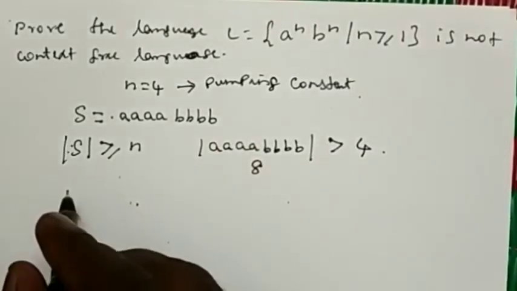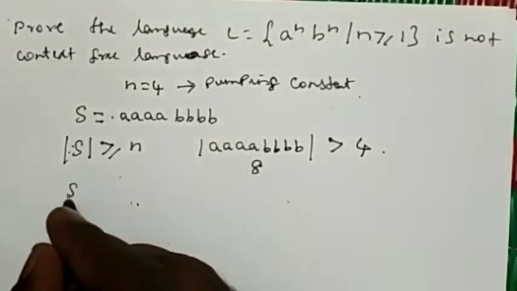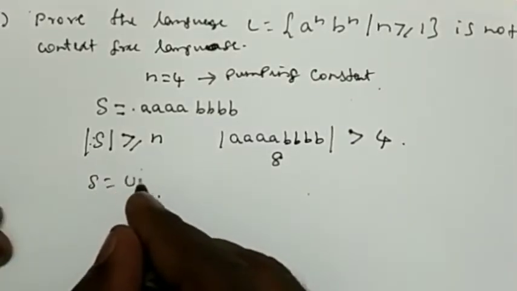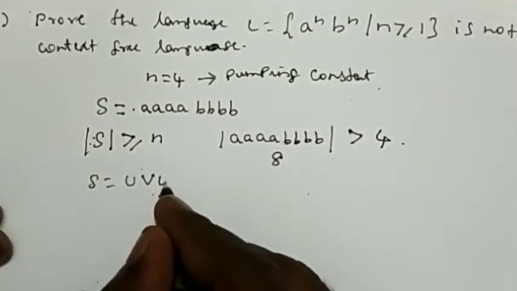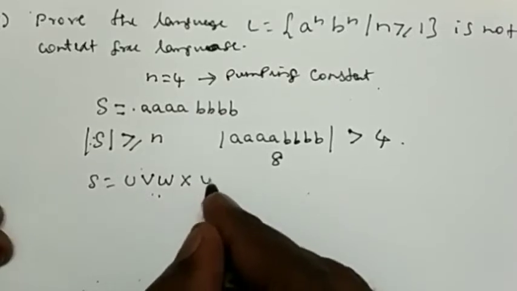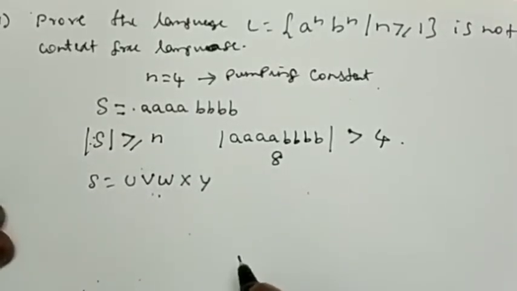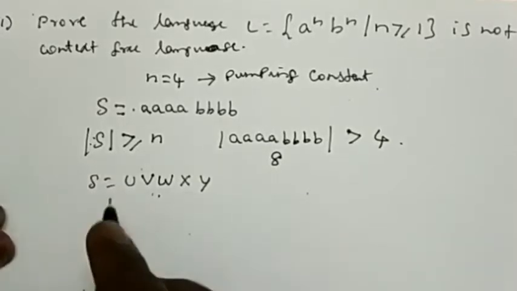Now the next step is you have to divide s into 5 portions, that is u, v, w, x and y. You have to split the string into 5 different portions.